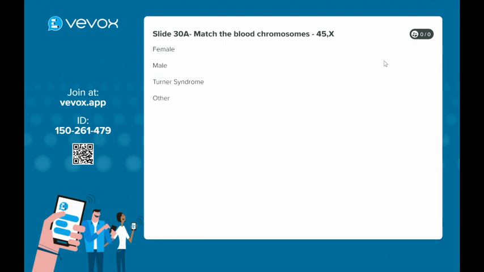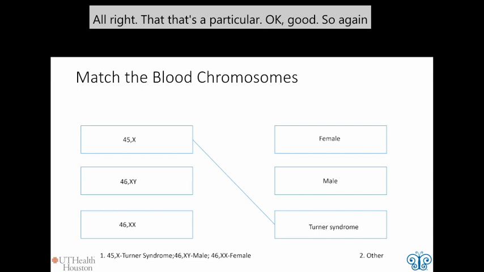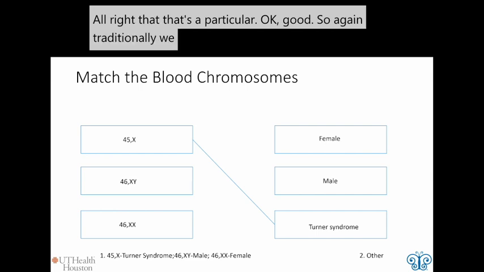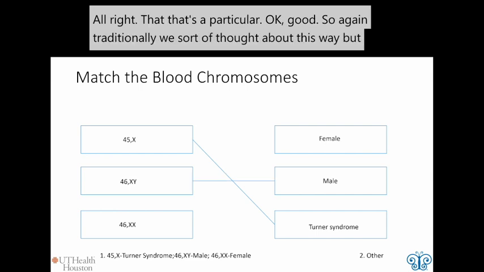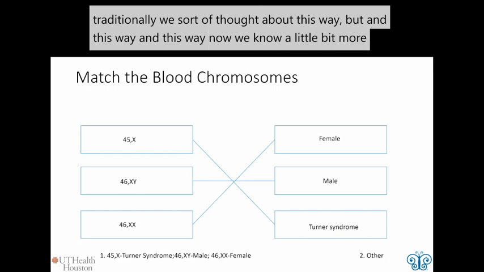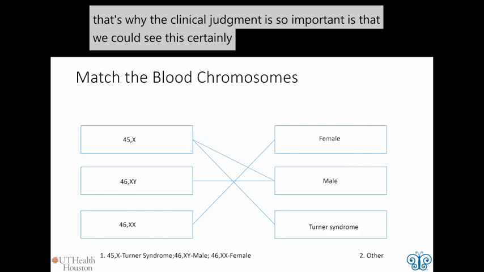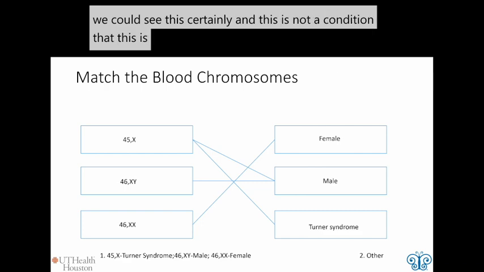All right. So again, this is just to touch base. Can I go back to the original slide? So again, traditionally, we thought about this way, and this way, and this way. Now we know a little bit more, and that's why the clinical judgment is so important. We could see this certainly, and this is not a situation where we face Turner syndrome.